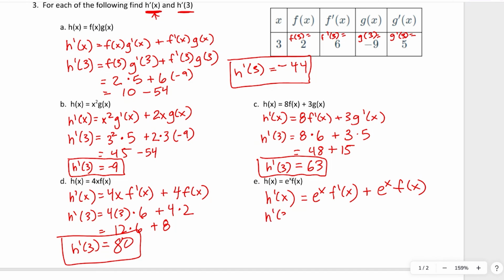So if we plug in 3, we're going to have e cubed times f prime of 3, which is 6, plus e cubed again, times f of 3, which is 2. So I've got 6e cubed plus 2e cubed, which gives me a total of 8e cubed.